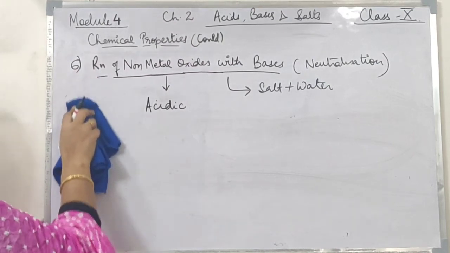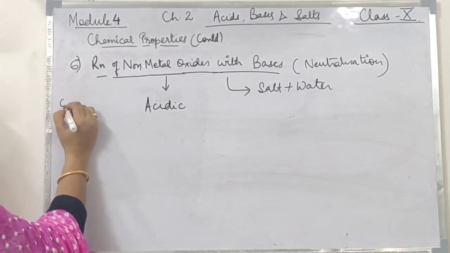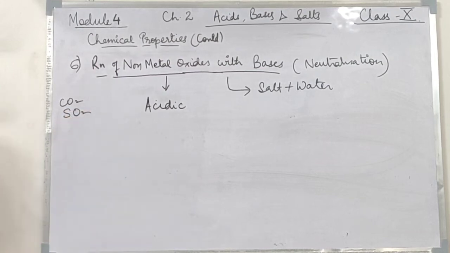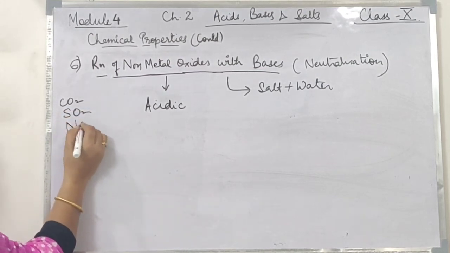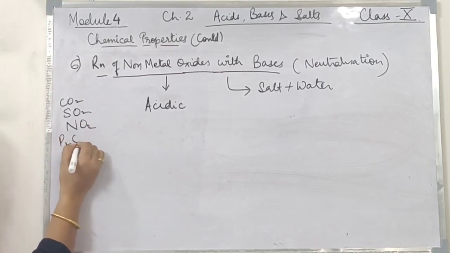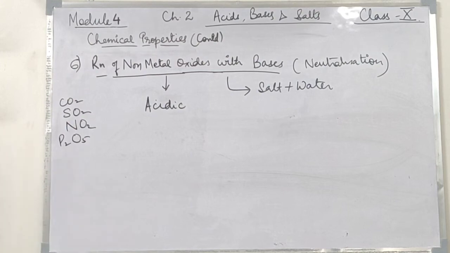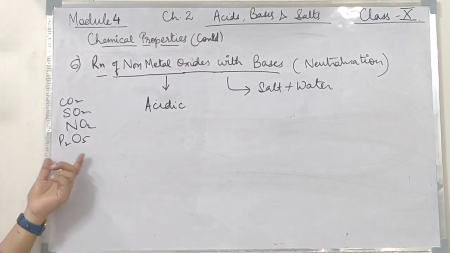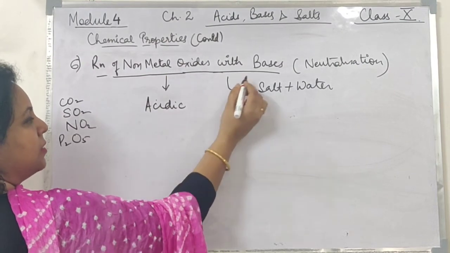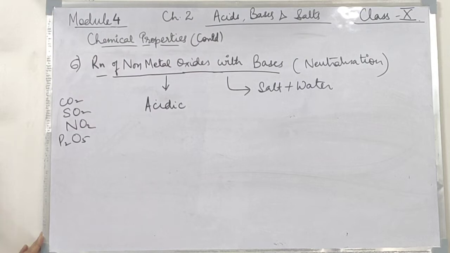But apart from them, when we talk about other non-metallic oxides like carbon dioxide, sulfur dioxide, nitrogen dioxide, phosphorus pentoxide, all these will be acidic in nature. And when non-metal oxides react with base, they will form salt and water.